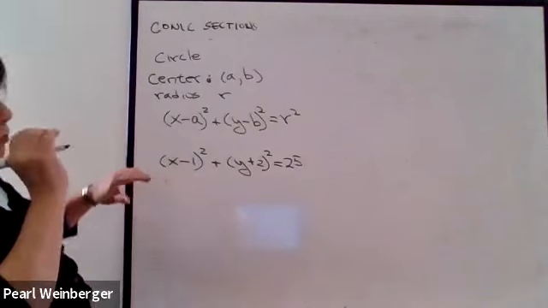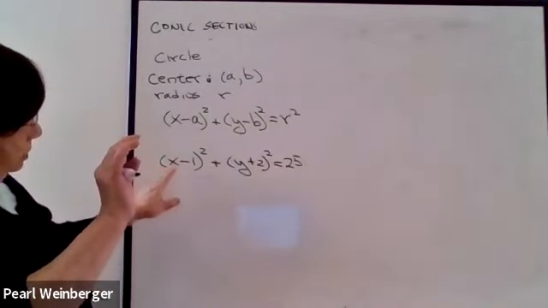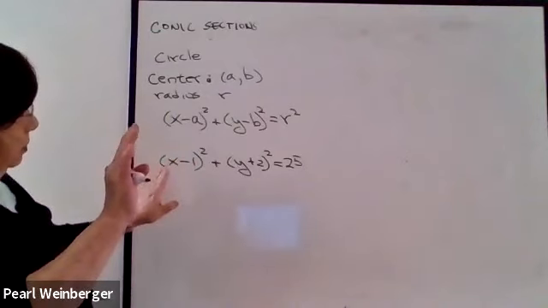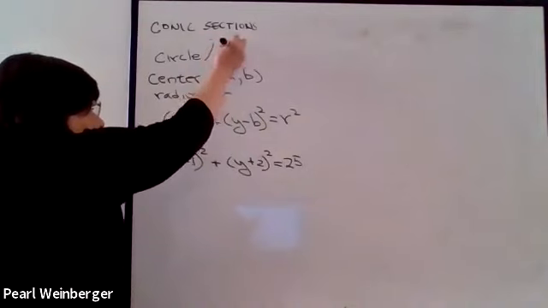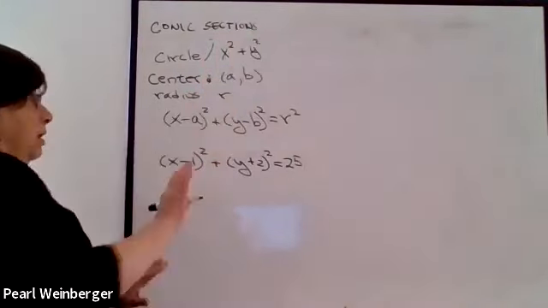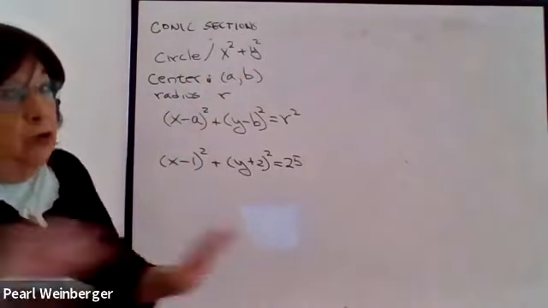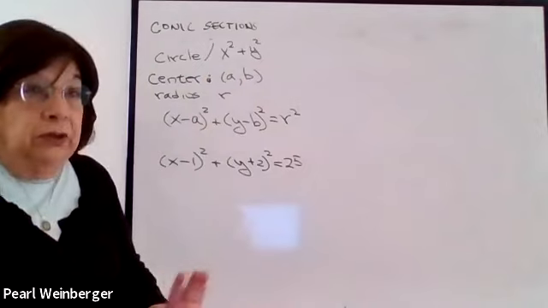Now, I'm going to tell you it's the equation of a circle, but you should recognize on your own that's a circle, because what you need in a circle is both an x squared and a y squared. If you have just an x squared and there's no y squared in your equation, then it's not a circle anymore, it's a parabola.